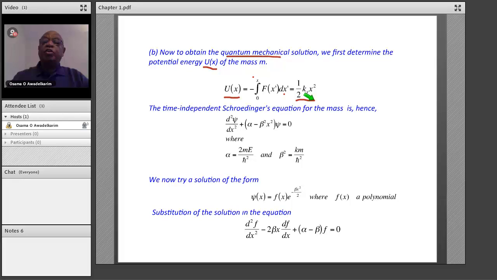So, having obtained the potential u of x, now I have to go to the Schrödinger equation, and let me just remind you of it.